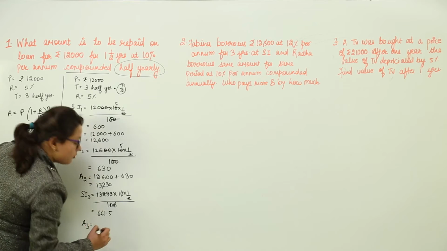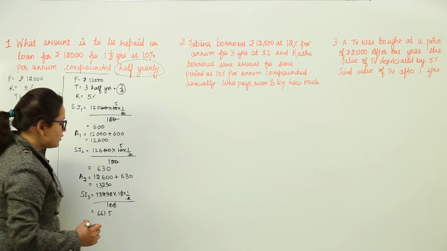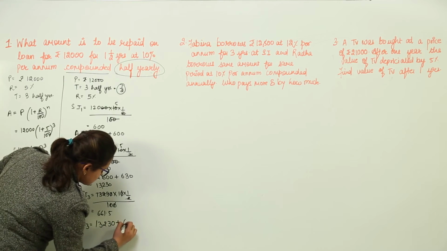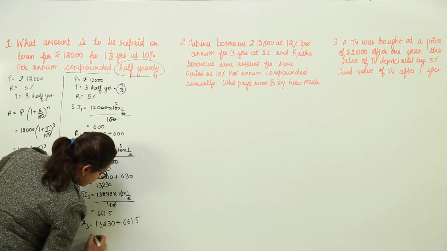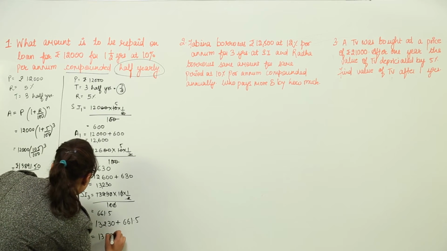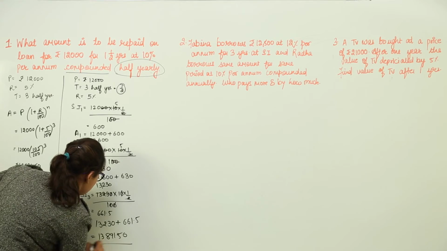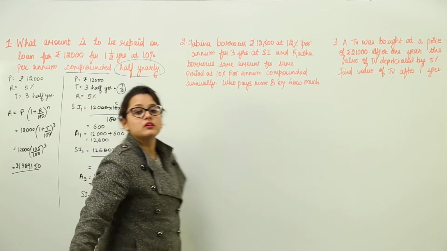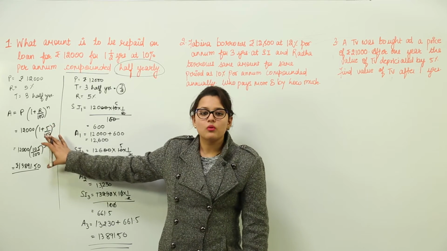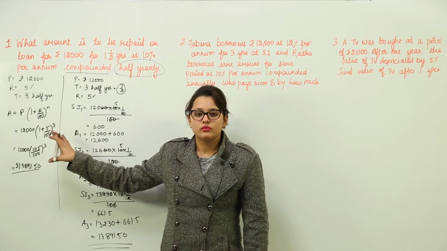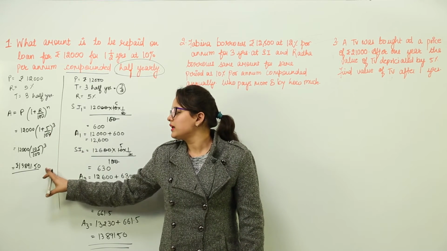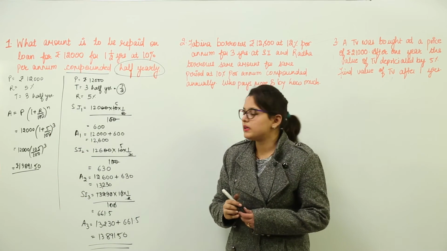The final amount, or the amount for the third year, would be equal to 13,230 plus 661.5, which is equal to 13,891.50. Now you can make out yourself that even if you use the formula directly, that formula actually reduces your time, right? So whenever possible, please try and use the formula itself. That reduces your time expenditure.